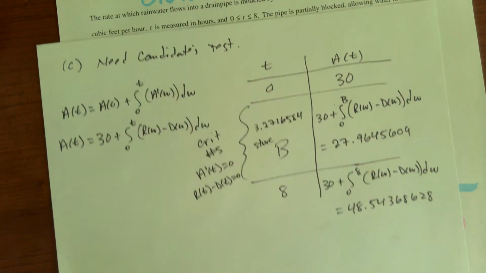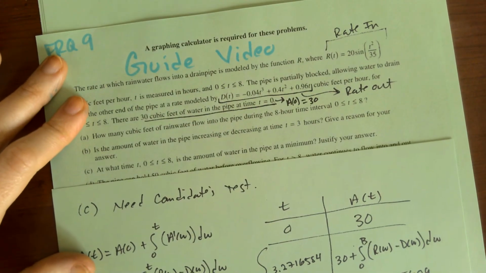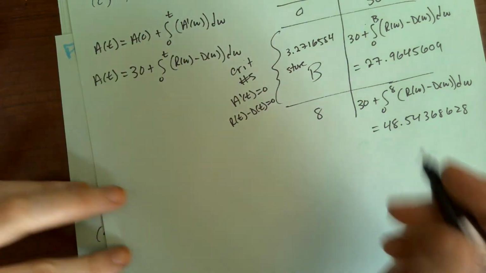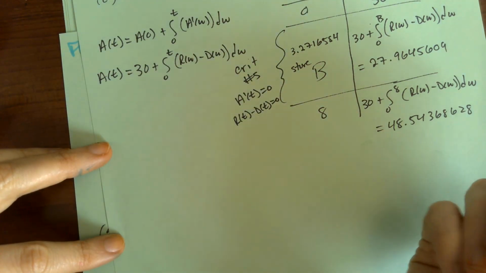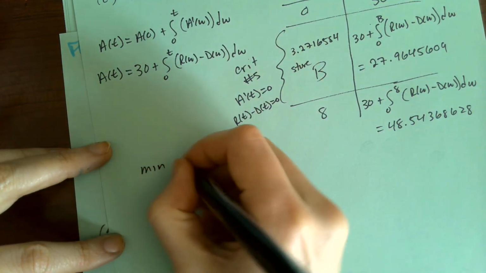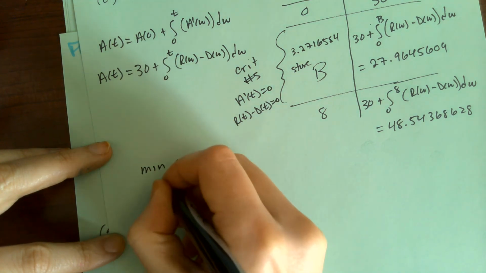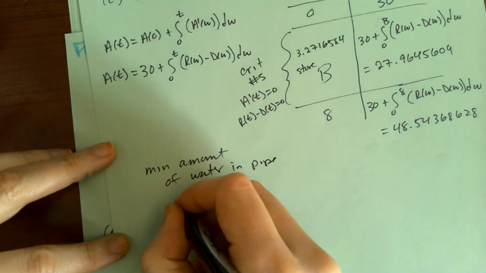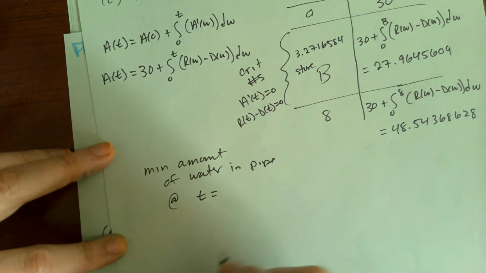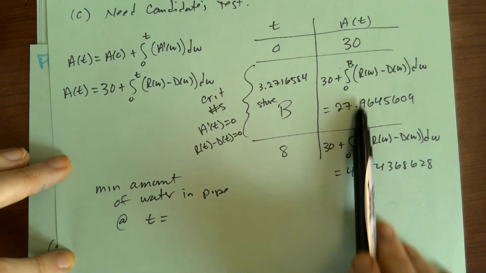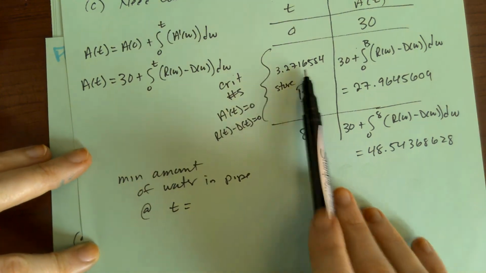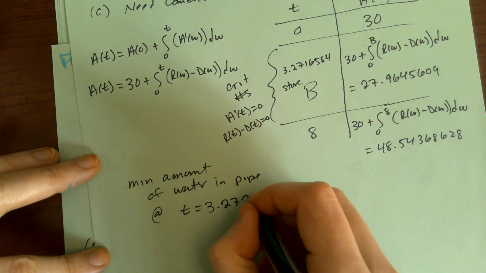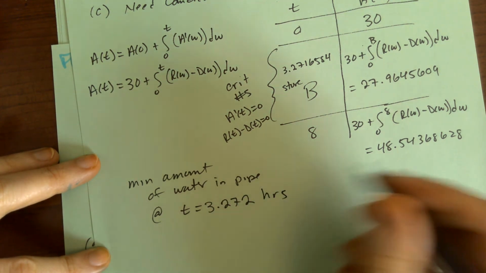Alrighty, they want, at what time is the amount of water in the pipe at a minimum? Okay, so minimum amount of water in the pipe at T equals, so this is the smallest of the 3 outputs, so at this time, 3.272 hours.